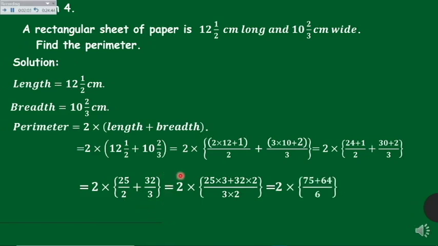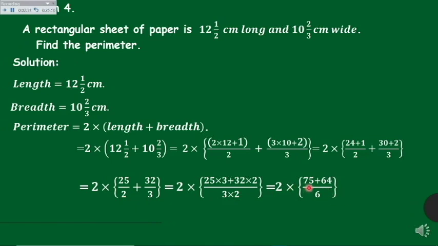Then afterward we need to perform addition. How to perform addition? I told you to do cross multiplication. 25 multiplied by 3, then use the sign between them. Here the sign is plus, so use the plus sign, then 32 multiplied by 2 upon multiplying both denominators, 3 into 2.